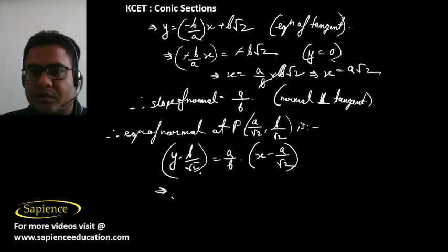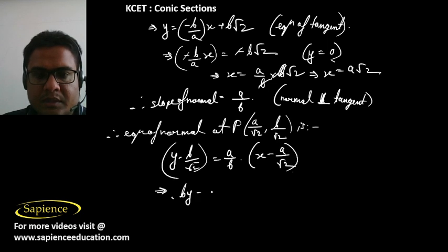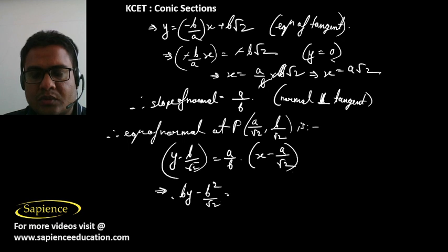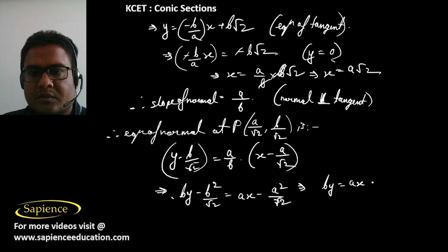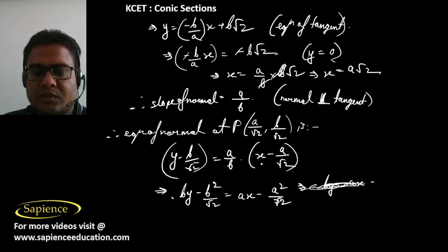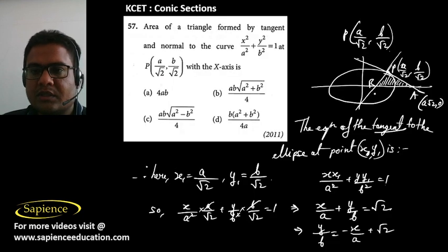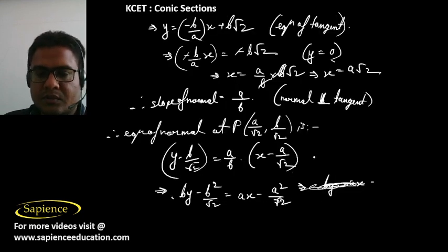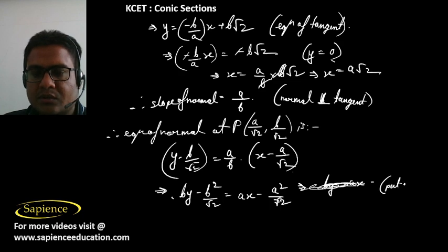So this will be ay minus b square by root 2 equal to ax minus a square by root 2. So it will be ay equal to ax. So here also we have to find the point at which the normal will intersect the x-axis. So we have to put y as 0 here.